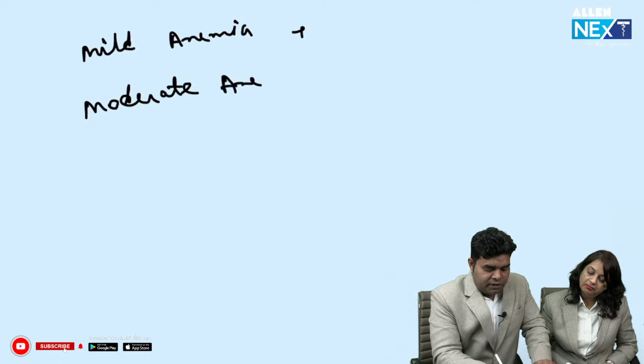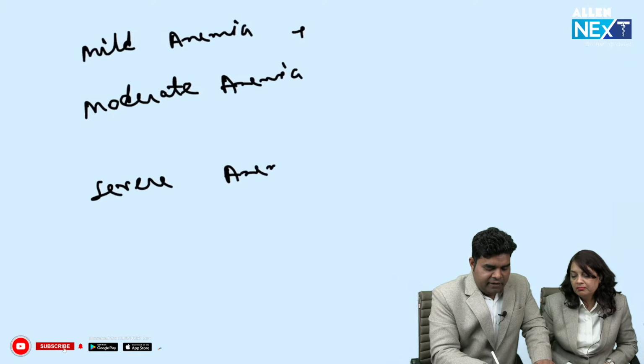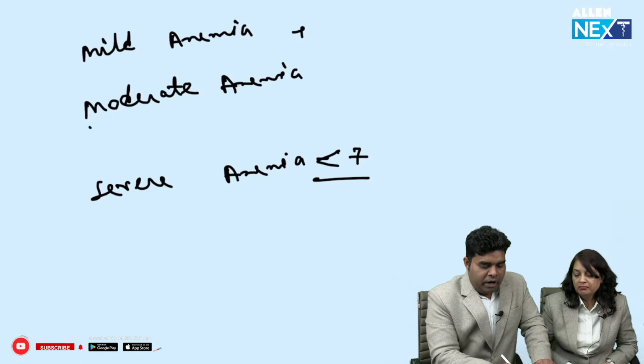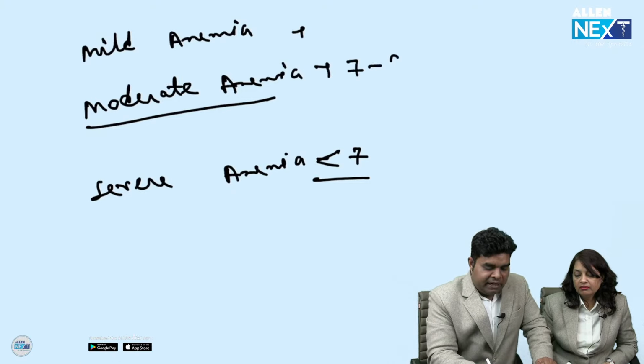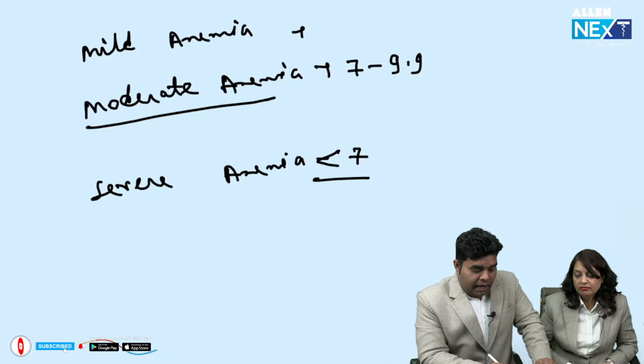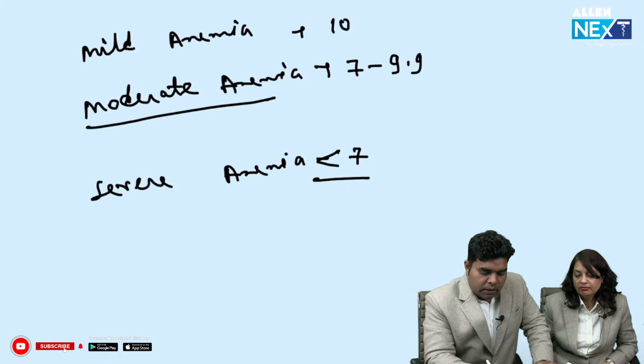Severe anemia is less than 7. Moderate anemia is 7 to 9.9, and mild anemia is 10 to 11.